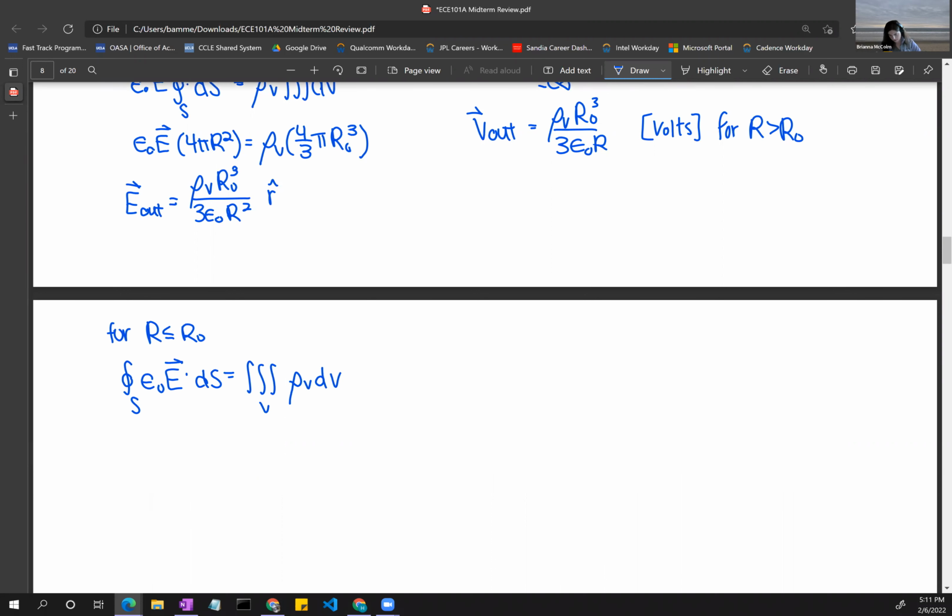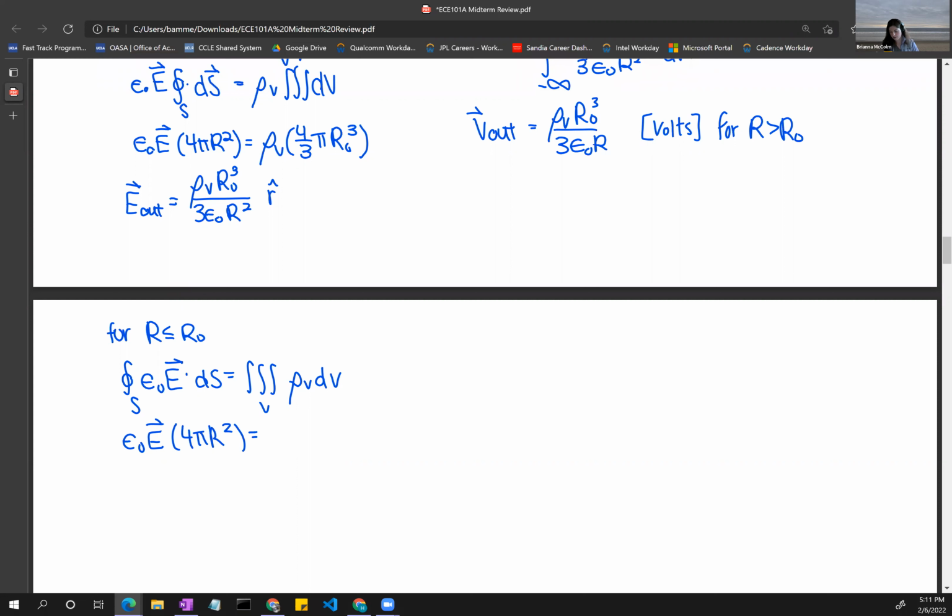And the surface area integral is going to simplify the same way because the surface area of the sphere that we're working with is still not dependent on whether we're in or outside, but the volume is going to change.